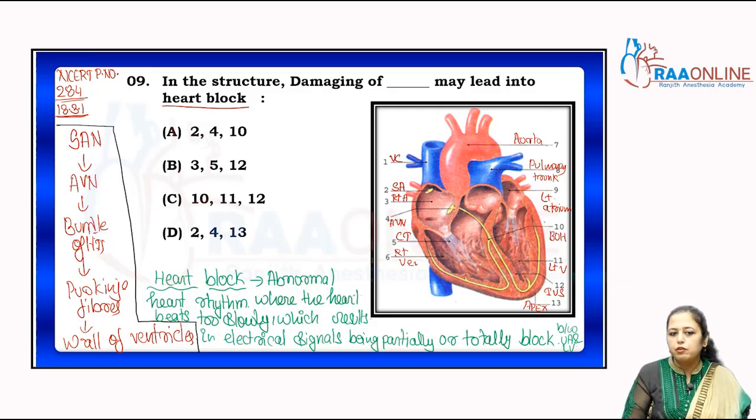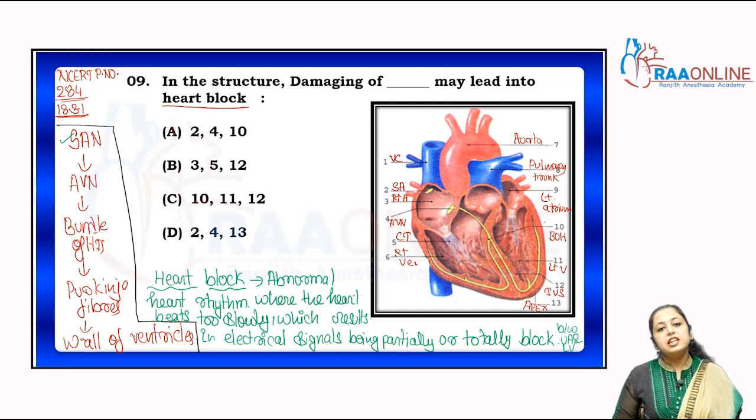Then the bundle of His and Purkinje fibers in the lower part transmit impulses toward the wall of the ventricle. If there is deformity in that, the wall of the ventricle does not receive any impulse, so the heart is not able to beat properly. That is called heart block.